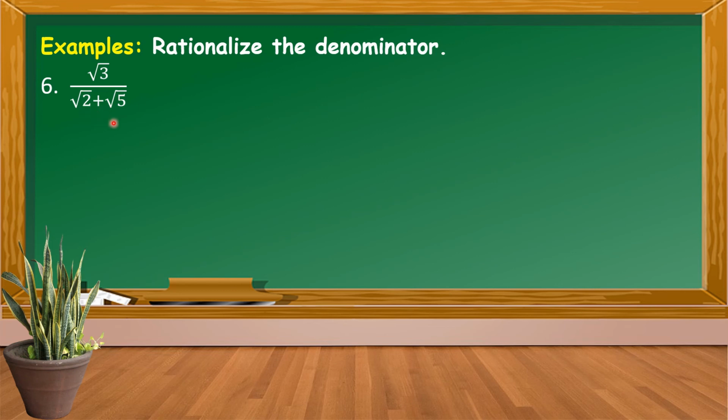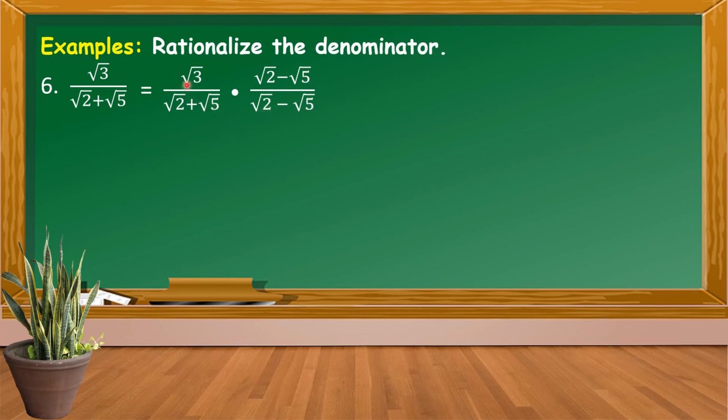So, of course, our conjugate is square root of 2 minus square root of 5. We will multiply our conjugate to the numerator and denominator. So, we have the conjugate of square root of 2 minus square root of 5 over square root of 2 minus square root of 5.